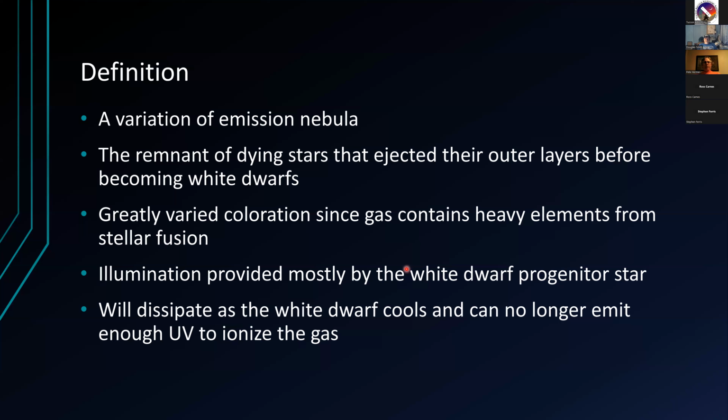Over time, and on much shorter timescales compared to the other three nebulae we talked about, these planetary nebulas will dissipate, because the white dwarf will cool and no longer emit enough UV light, or X-rays, or in some cases gamma rays, to ionize and provide energy to the gas. And so it'll slowly blend its way back into the interstellar medium.